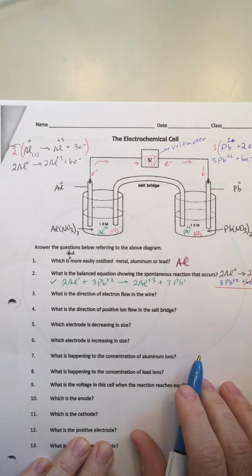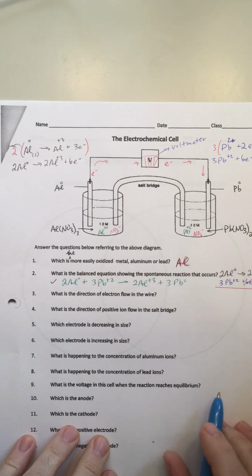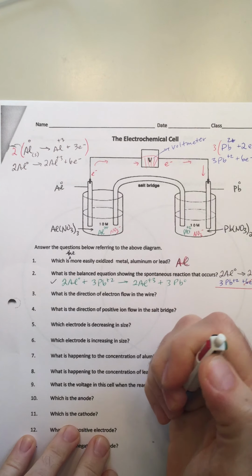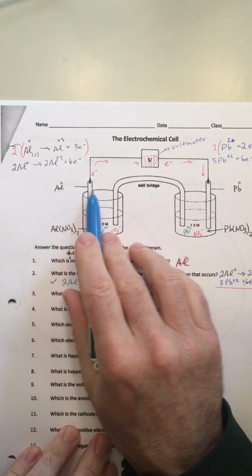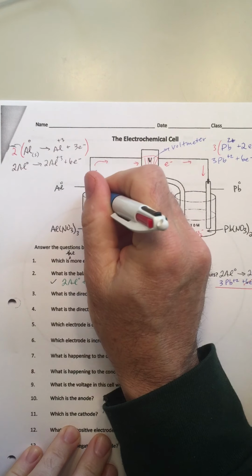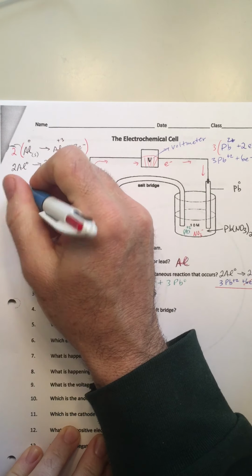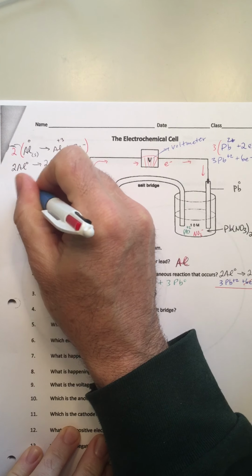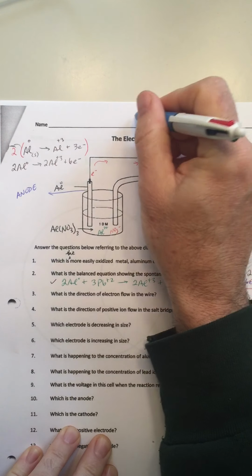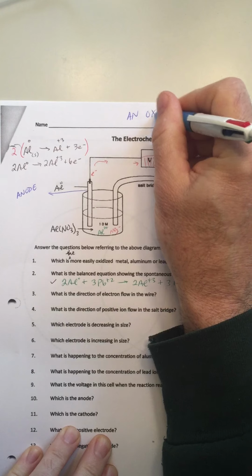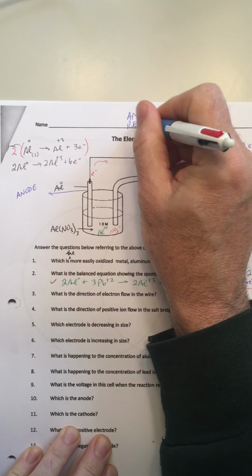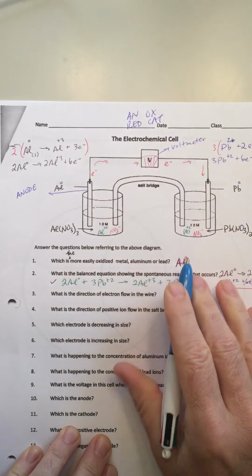Let's do some more labeling here, because we do have to label this and know what's going on. So oxidation happens at the anode. Remember, an-ox and red cat.